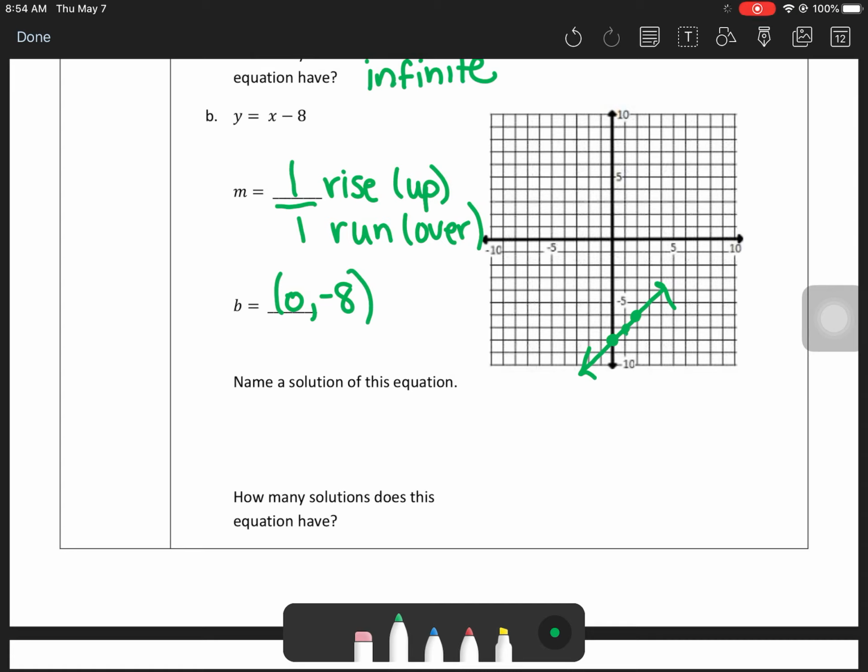So the next solution we had drawn after we put our (0, -8) was (1, -7). And again, because this is a line that goes forever and ever, there are infinite points or infinite solutions on that particular line.